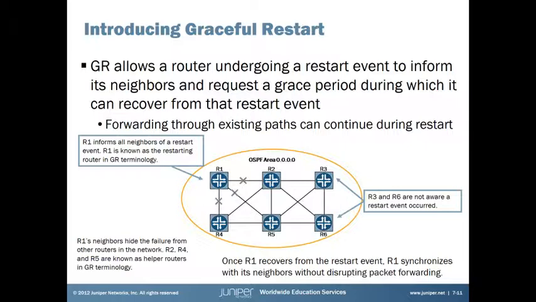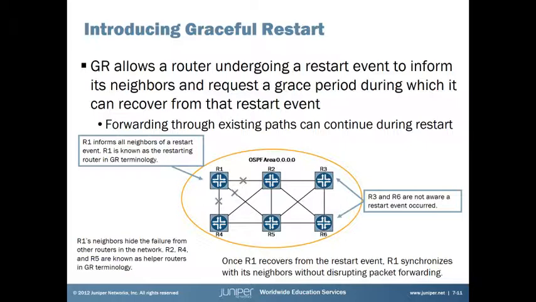Okay, so even though we're not sending hello packets to our other neighbors because our routing engine is down, it's going through a restart, we're not sending our OSPF hello packets. We can still forward traffic through our forwarding plane. Okay, so forwarding can still continue quite happily.